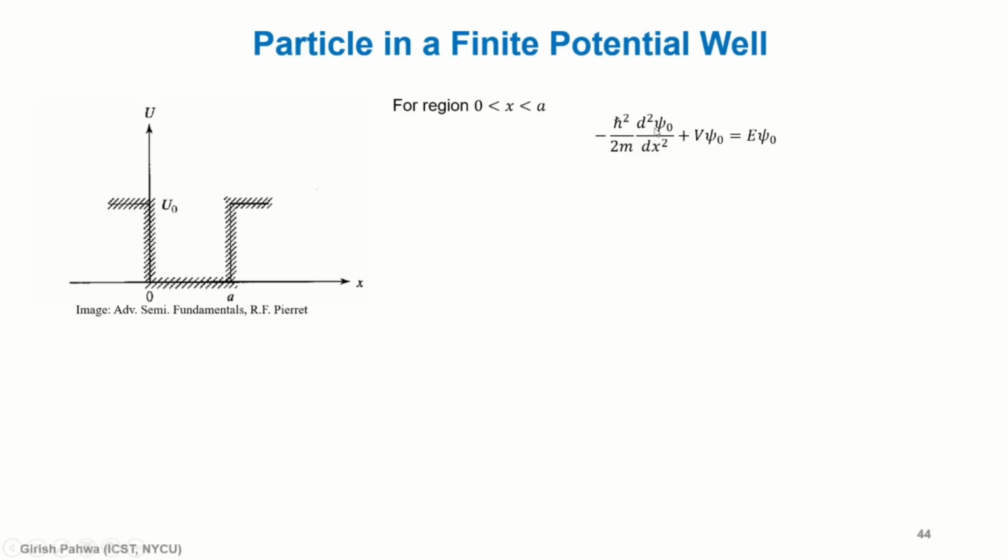If d psi by dx is not a continuous function, if psi is not differentiable, then what will happen to this term? So for this term to behave properly, you have to have psi which is continuous as well as differentiable. So the first boundary condition is at this boundary, the second boundary condition is at this boundary, and that leads to the continuity of the wave functions. But their derivatives must also be continuous. So at x equal to 0, the derivative on the left hand side must be equal to the derivative on the right hand side.